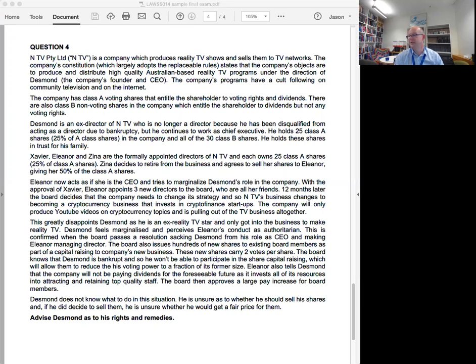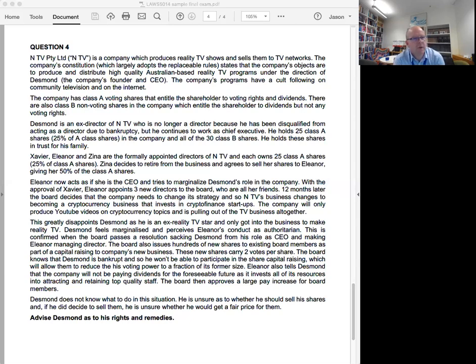So 206B, subsection 3, a person is disqualified from managing corporations if they're an undischarged bankrupt. So if he's still bankrupt, he's not allowed to be the CEO either. And it's a criminal offence under 206A to take part in the management of corporations when you're disqualified. All right, so Desmond's got that issue.